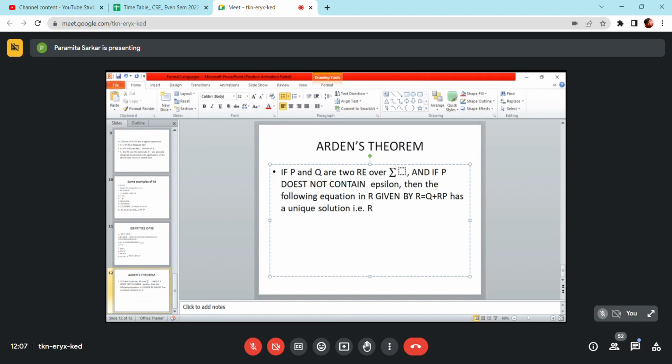What is the solution? R equals qp star. Unique solution means only one solution of this equation exists. We have to show by Arden's theorem that this solution is R equals QP star.